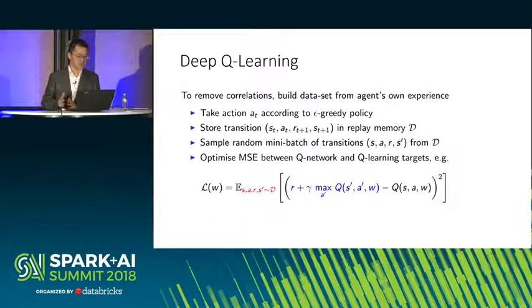And then I will store those transitions, the state, the action, the current reward, and the next state, in the replay memory. And then I will sample a mini batch of transitions from this saved memory, and that will be my training data.